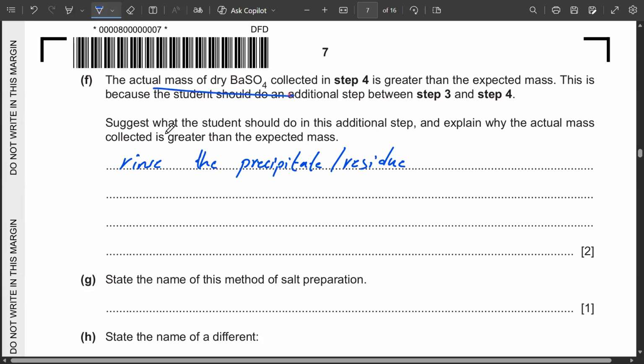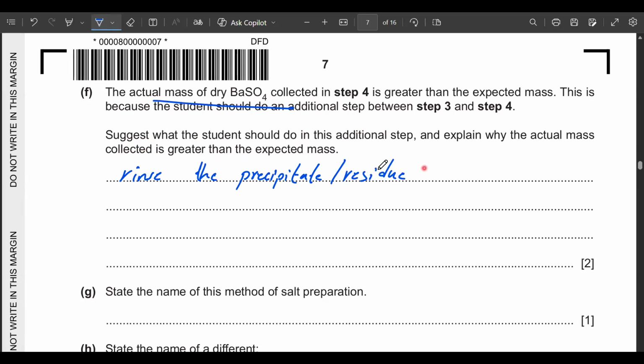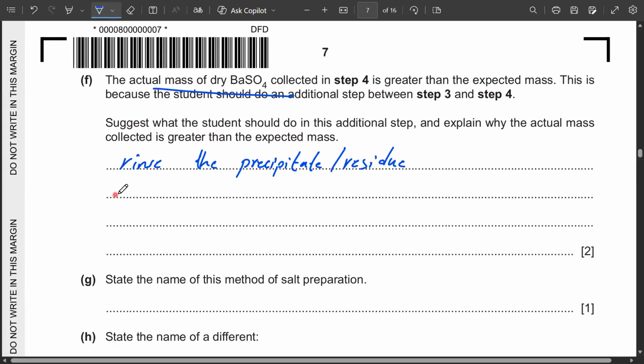The actual mass of dry barium sulfate is greater than expected, so we are supposed to rinse it, and the higher mass or greater mass is due to NaCl present in the dry sample.